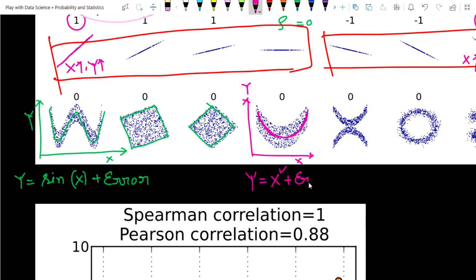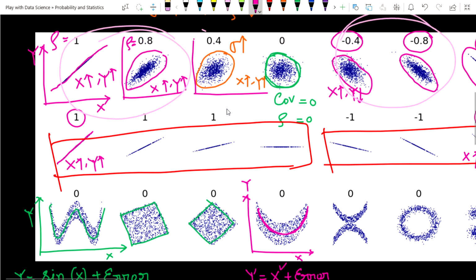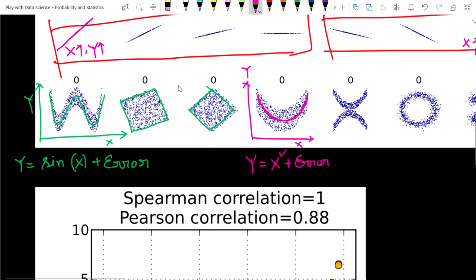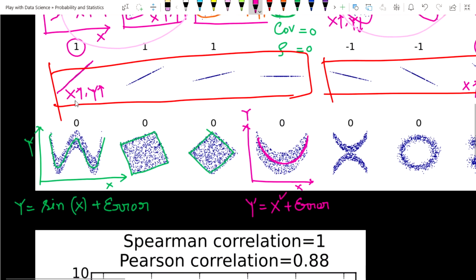That is another thing, the error. But this is the pattern the data actually follows, and from these relations we cannot conclude. Easily you can see that the Pearson correlation value from here will be 0. We cannot reach a conclusion.